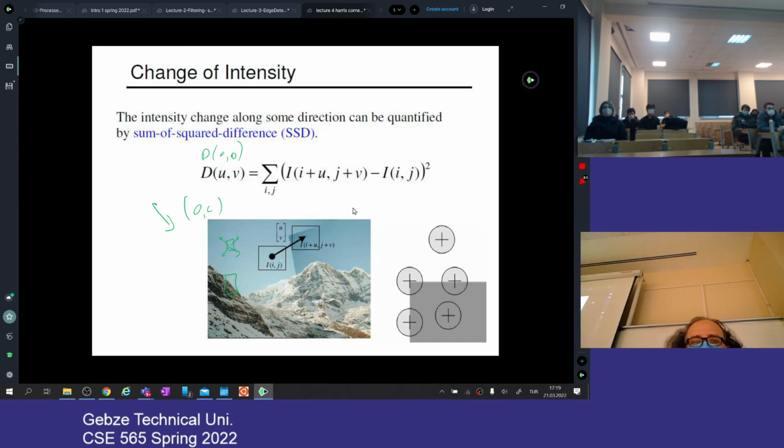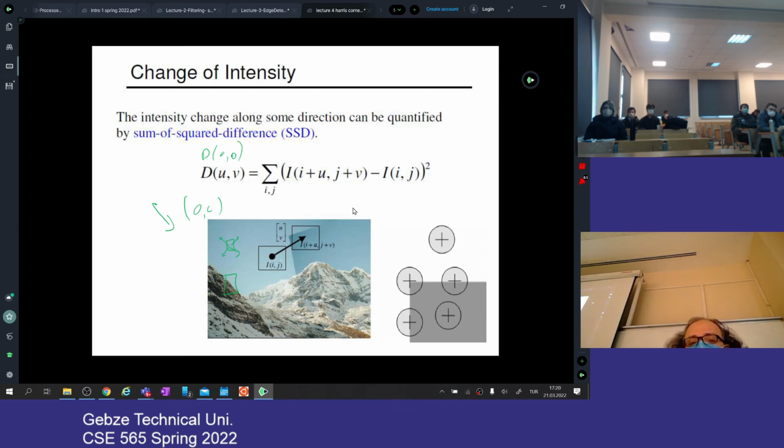You can say, okay, let's try all the different (u, v) values, for example from minus 3 u and minus 3 v to plus 3 u and plus 3 v, and test all the positions and see if everything changes. Well, that's too much CPU time. Let's do it in a more mathematically systematic, more efficient way.